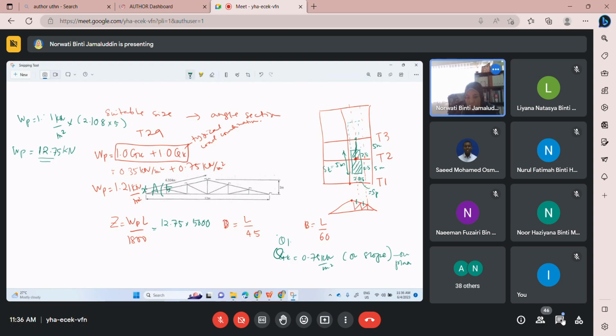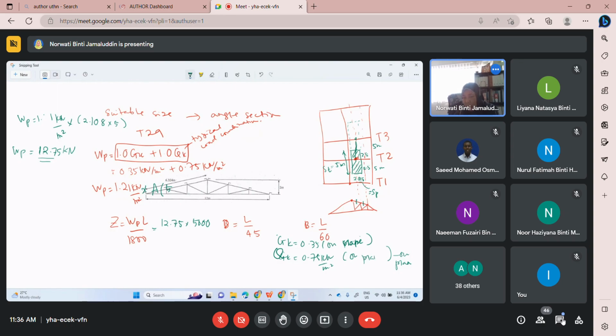Oh, saya salah. GK 0.35. Betul? GK 0.35. This one is on plan. On slope. Okay, this one on slope. Okay, ni on plan.